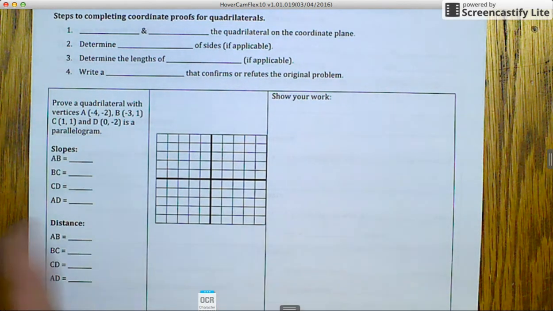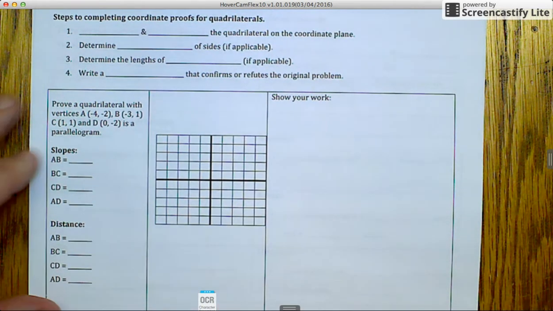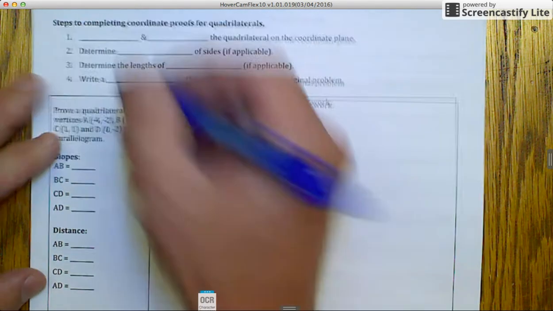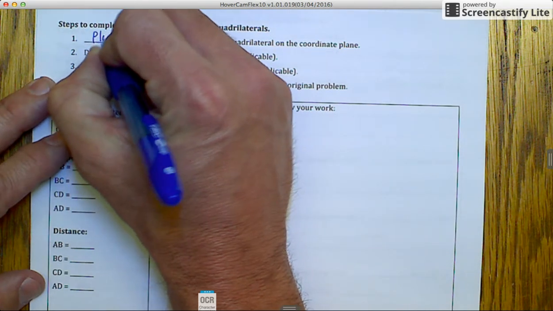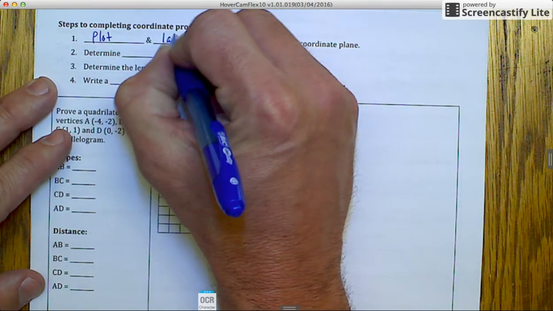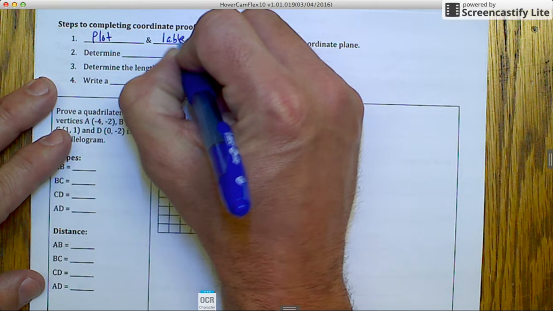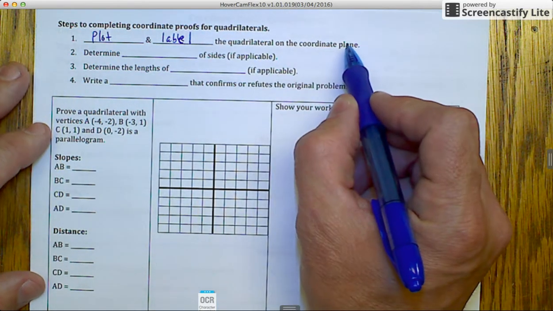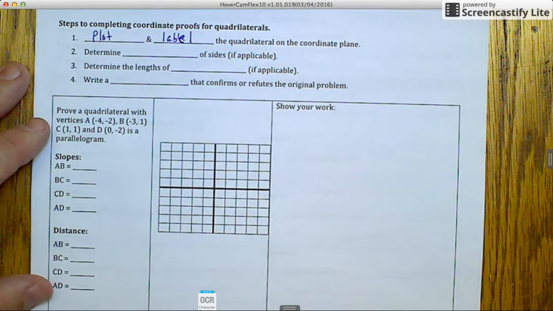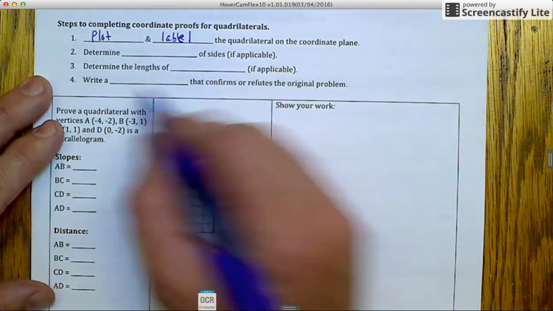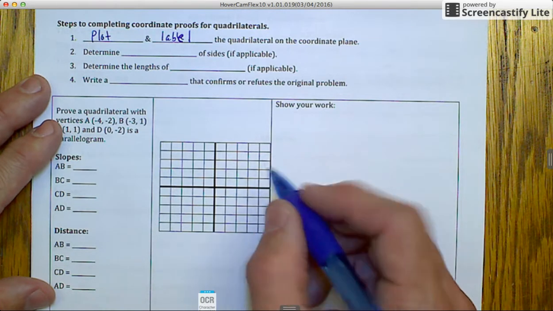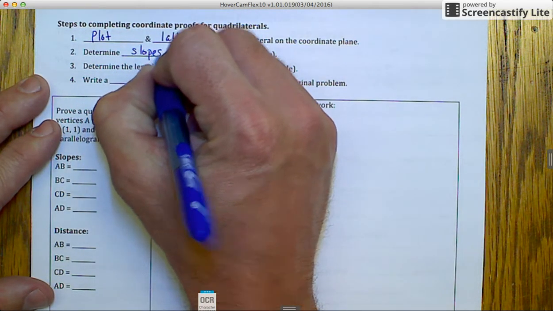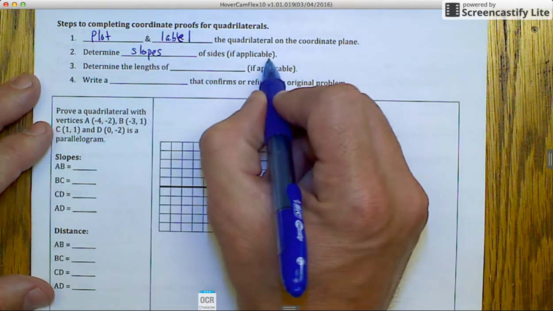And there are 4 steps to completing the coordinate proofs for quadrilaterals. The first one is that you need to plot and label the quadrilateral on the coordinate plane. So when it gives you the coordinates, you plot them and label them. Then you determine the slopes of sides, if applicable.